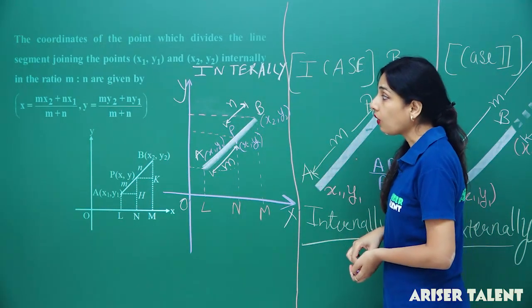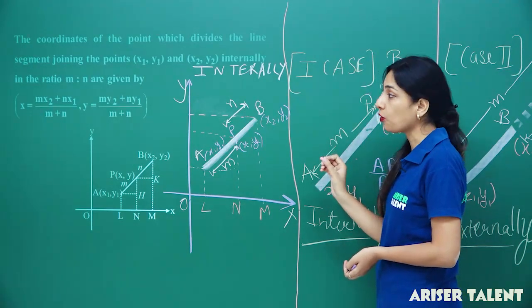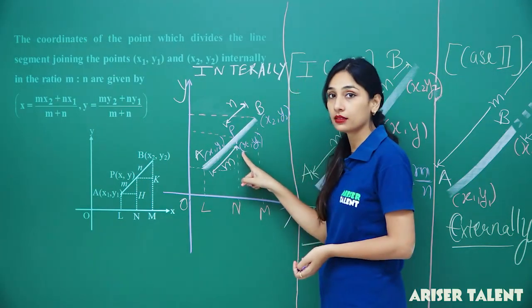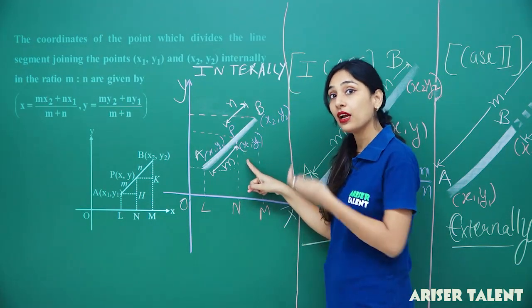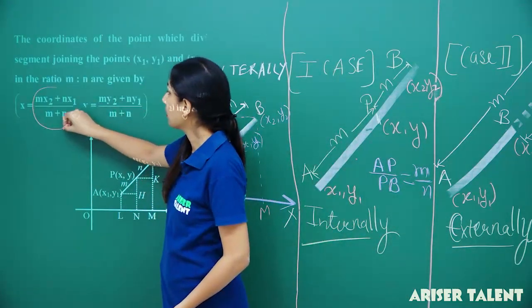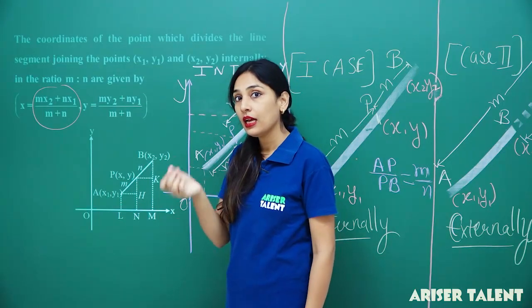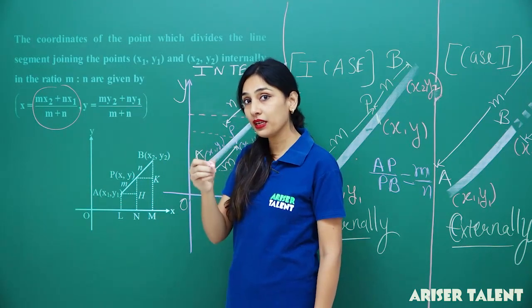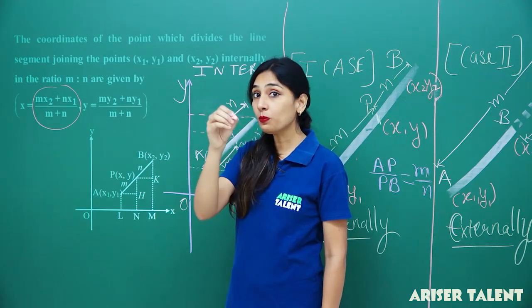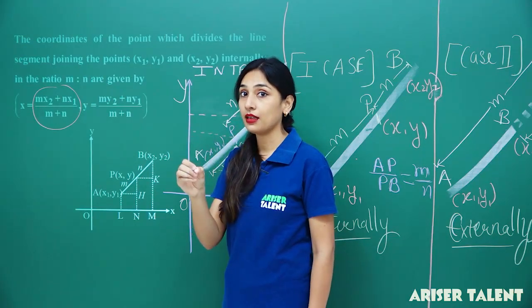Now according to this section formula, this x value will be m x2 plus n x1 upon m plus n.